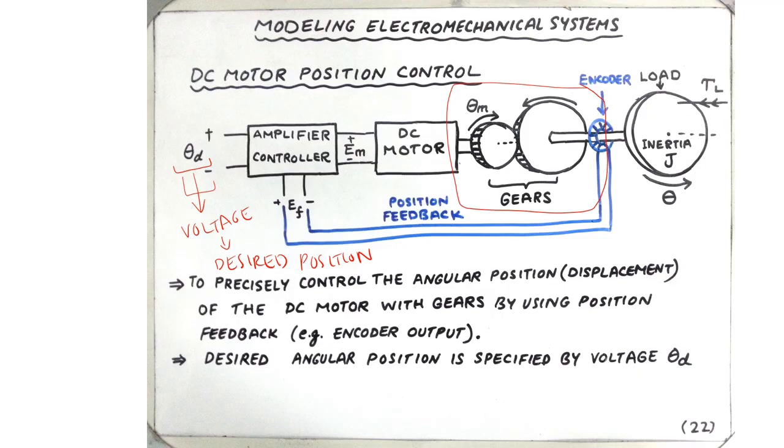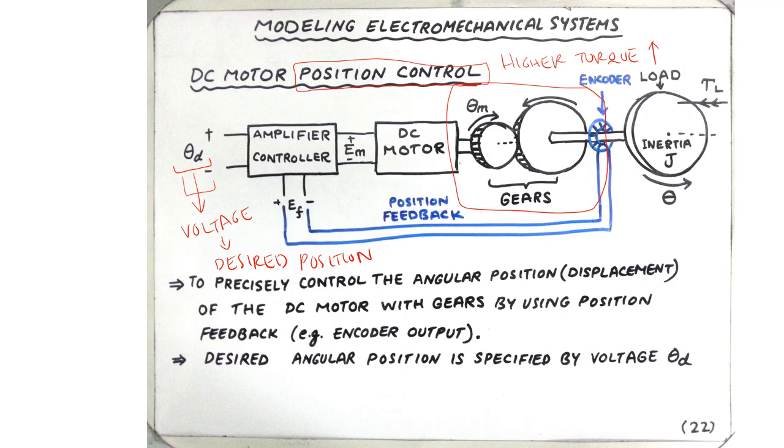In fact, we want a reduction in the speed and we want a higher torque. So in other words, when we talk about the position control, we are indirectly looking for a higher torque for the given application. So the torque requirements are typically higher in the positioning control system.